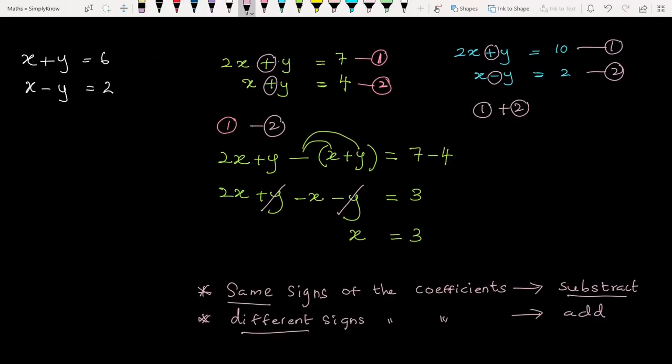Now look at the first pair of simultaneous equations. Let me name them. Now here, both unknowns, they have the same coefficient. The coefficient of x is 1 here. Even the coefficient of y is 1 here. So in this case, you can eliminate either x or y.